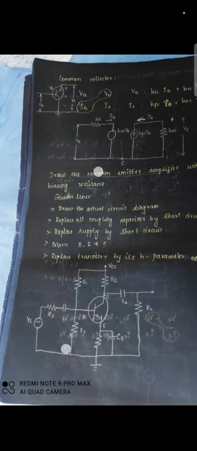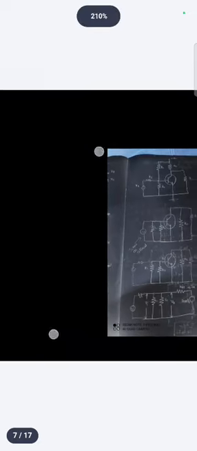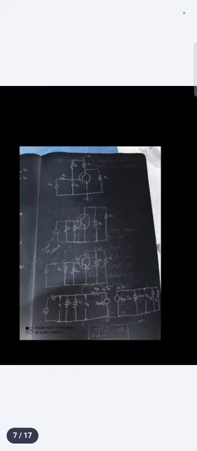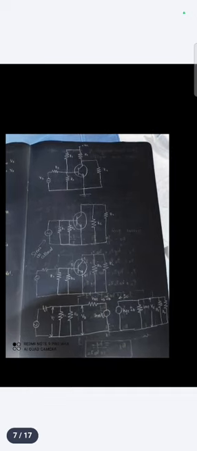Okay, see the diagram. So what is the first step? Draw the actual diagram. So from the last slide, we drew the actual circuit diagram. Okay, in this next step, replace all the coupling capacitors by shorting. Okay, by shorting, we will get the diagram like this.